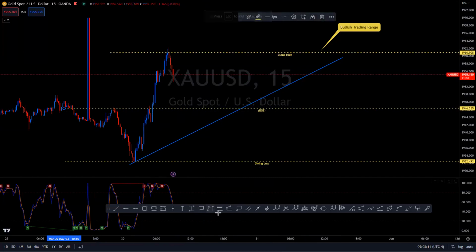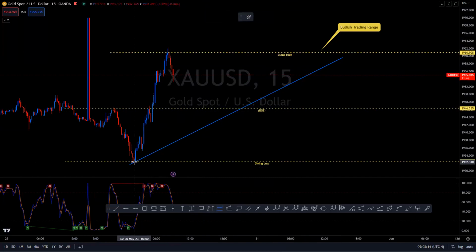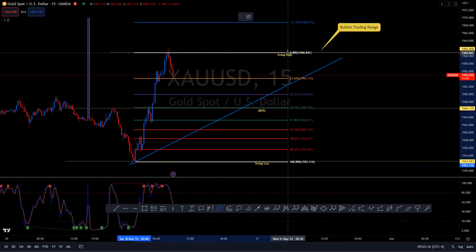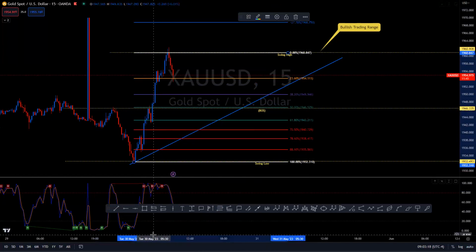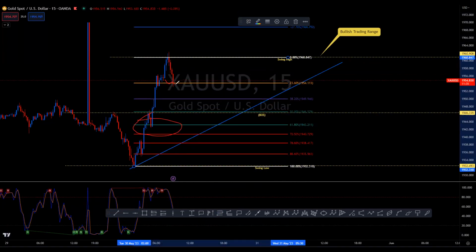Then we're going to take our fib and go from the most recent low to the most recent high. And so we can see that price did reject this 61.80 area. So price might come down to the 23.60 to the 38.20.